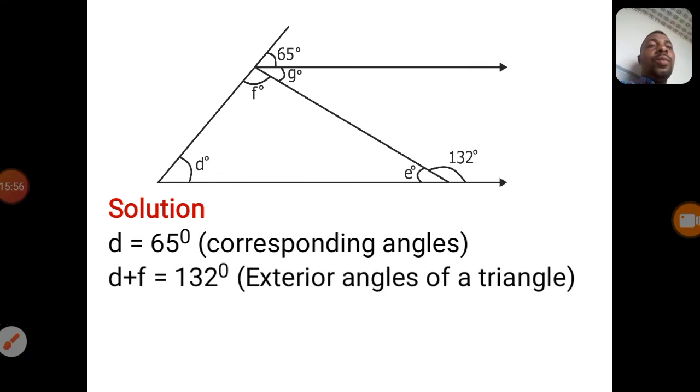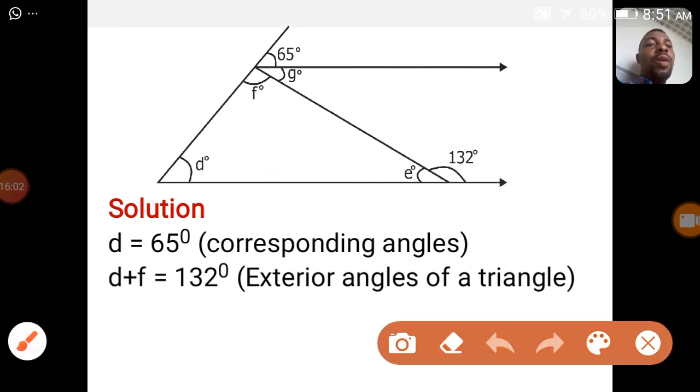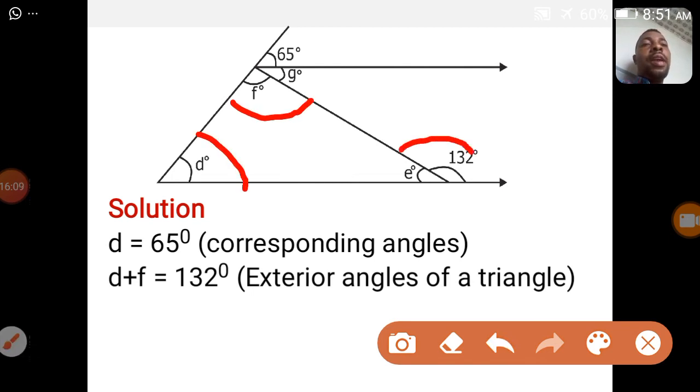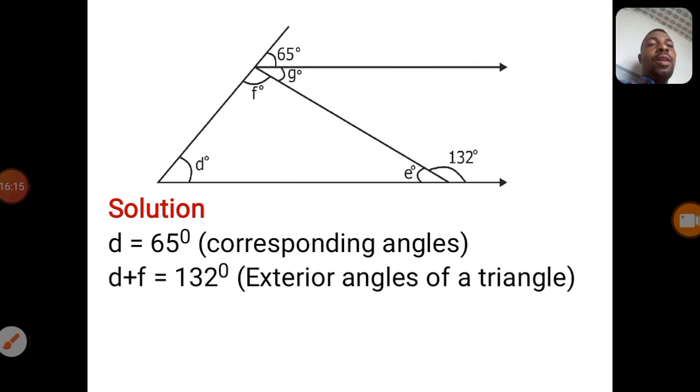Now, from the theorem that we've just stated, this angle here, F and D, gives us the exterior angle, that is 132 degrees. So what do you do?